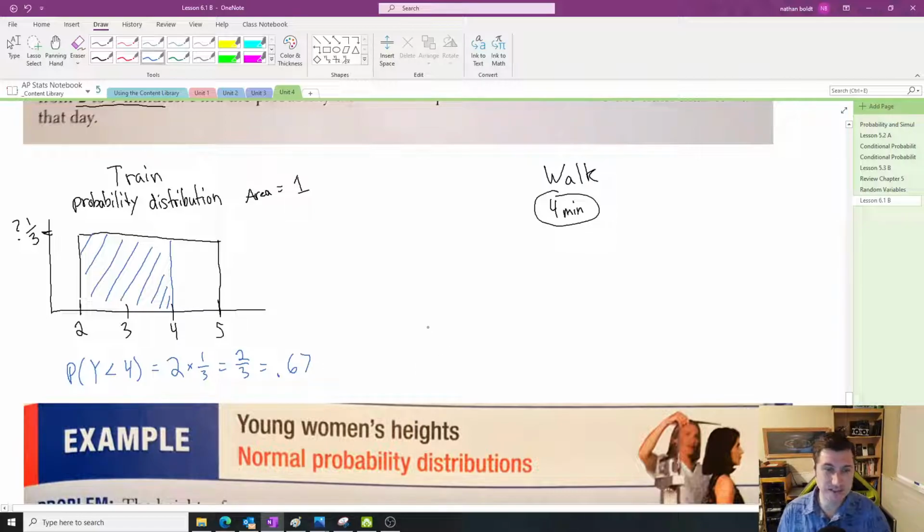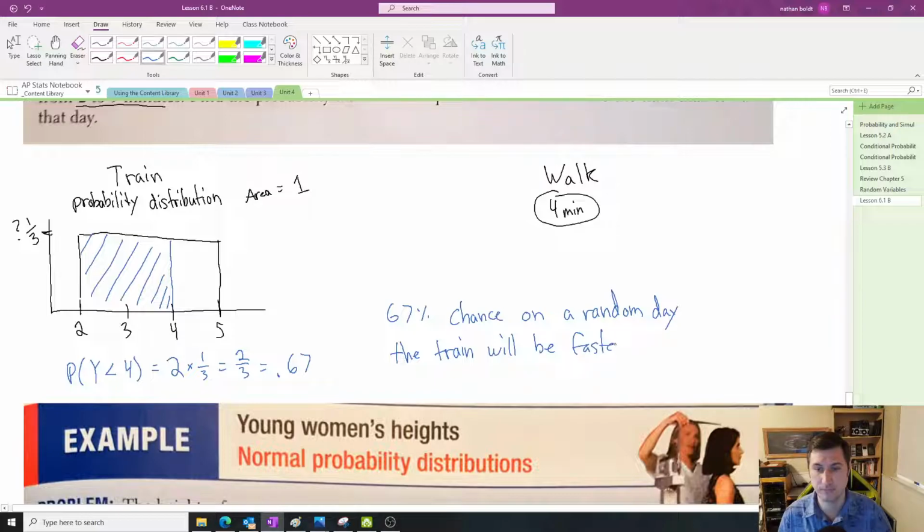So there is a 67% chance on a random day the train will be faster than walking.